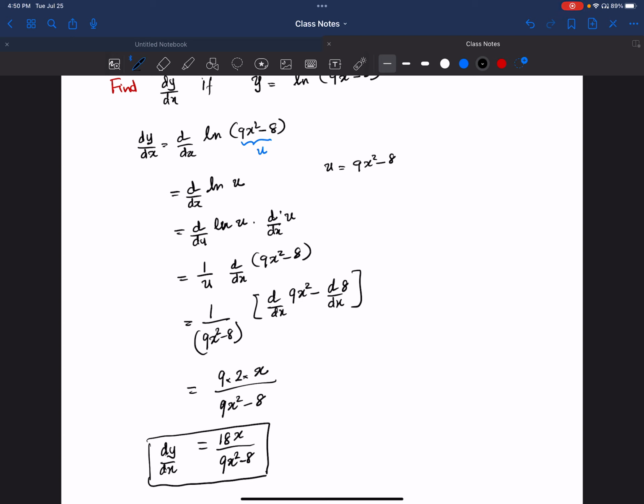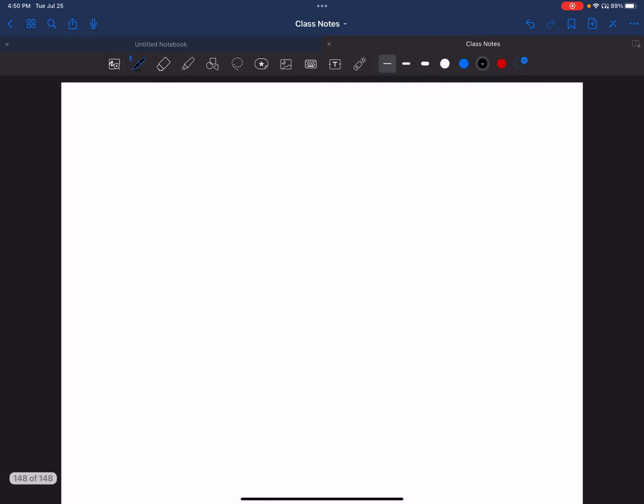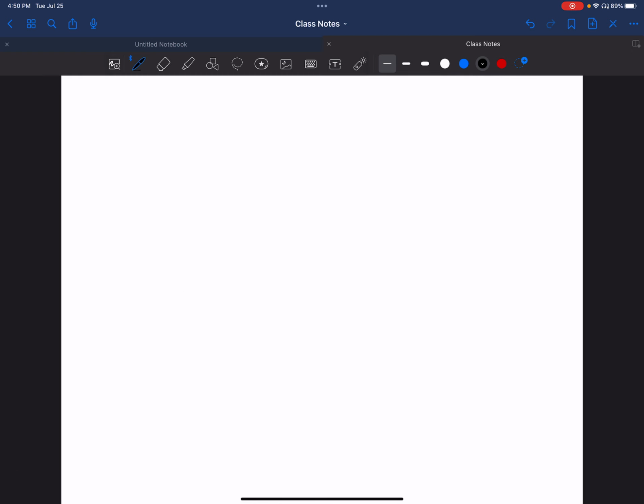And you can use many other problems like that. For example, let's look at this problem. Find the derivative of y equals natural log of natural log x cube.